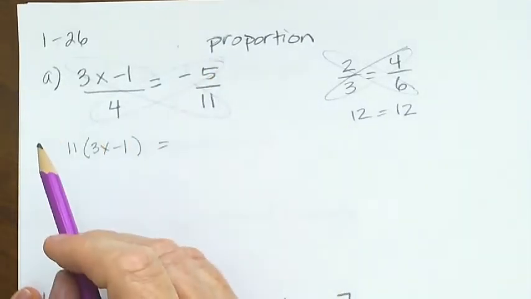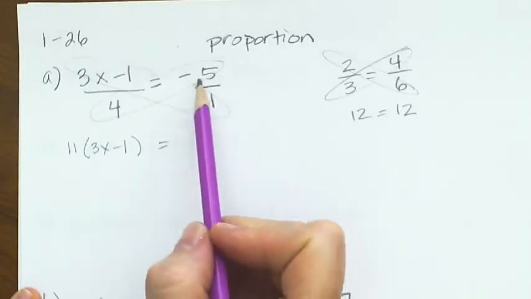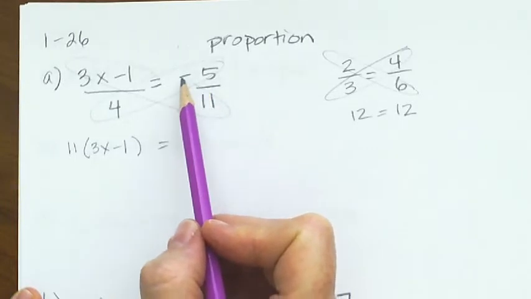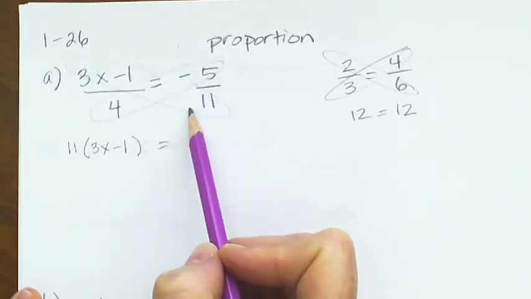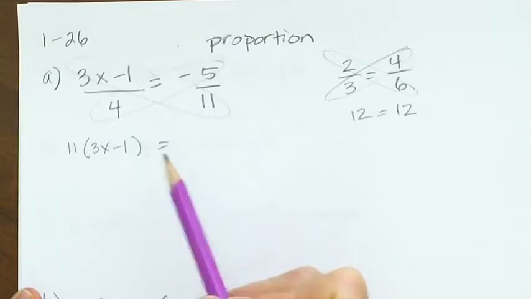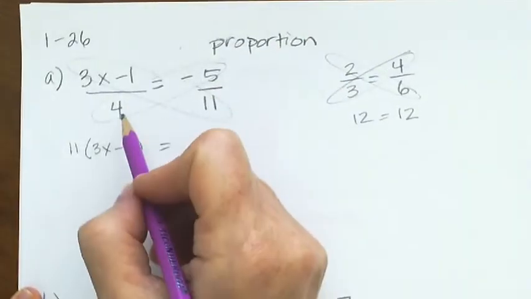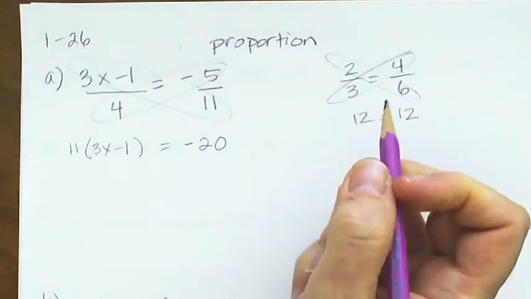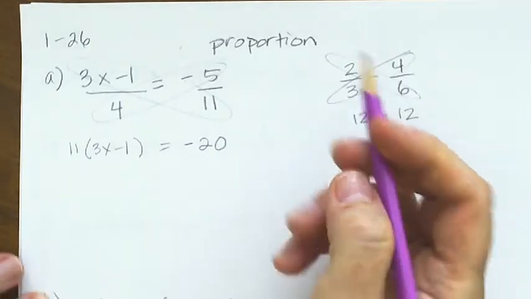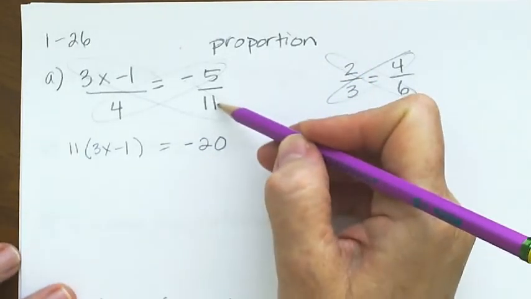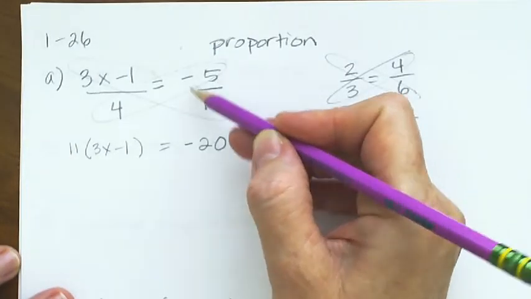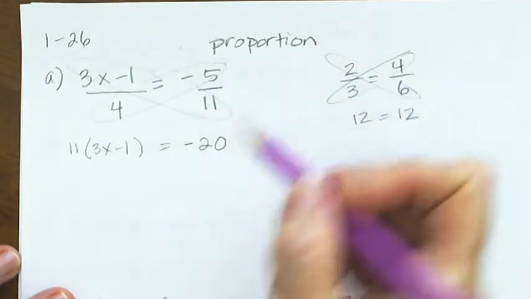Now, to solve this proportion, I am going to put the negative with the 5, but you could have the negative down here, or just right here in the middle in front of everything. For now, I'm going to just do 4 times -5, which is -20. I just don't want you to think that when you see a negative in front of a fraction that only the top, the numerator, is negative. It's actually the entire fraction that's negative.